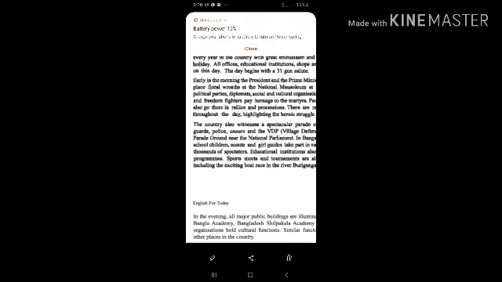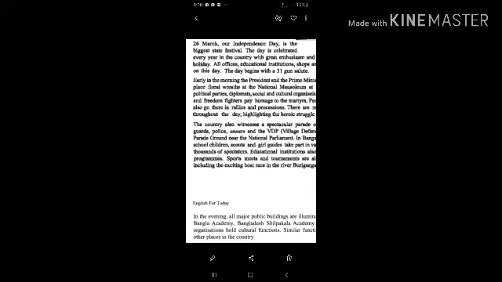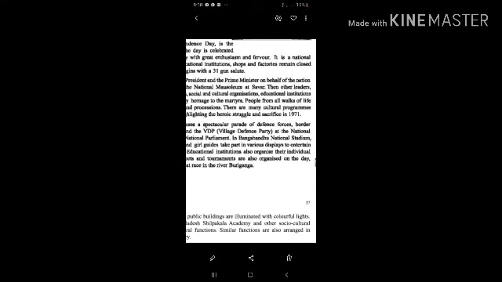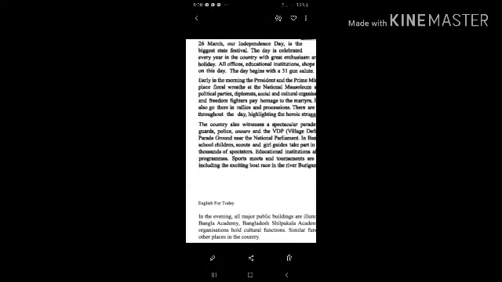On this day, the students and girl guides also show us different kinds of beautiful displays and overwhelm us. Educational institutions also organize their individual programs.